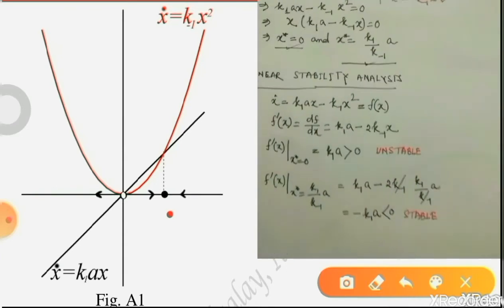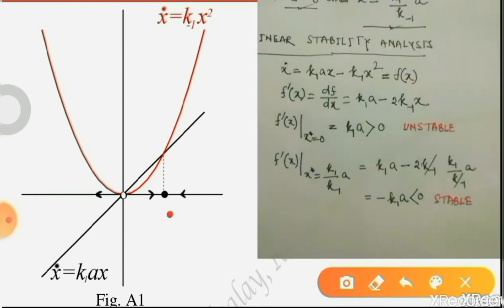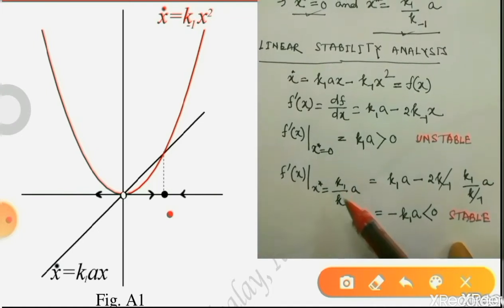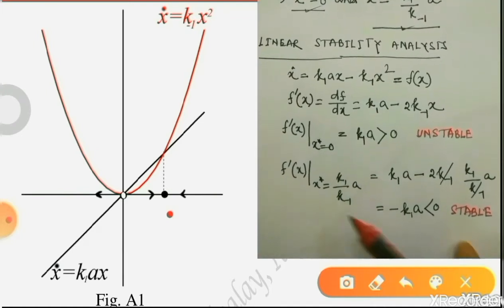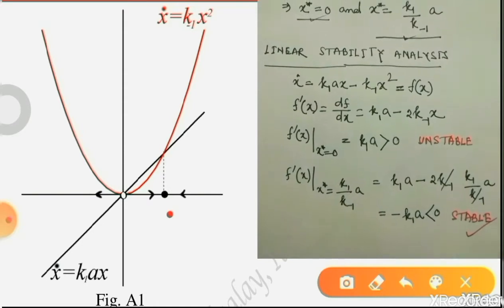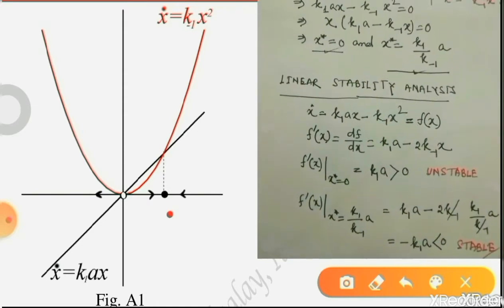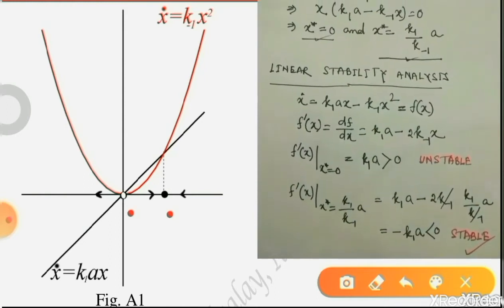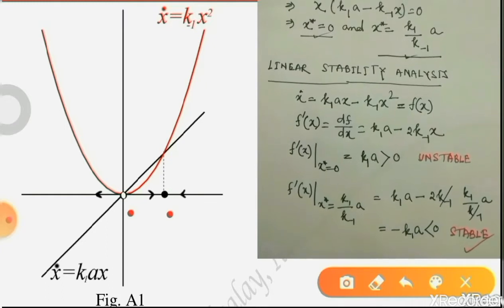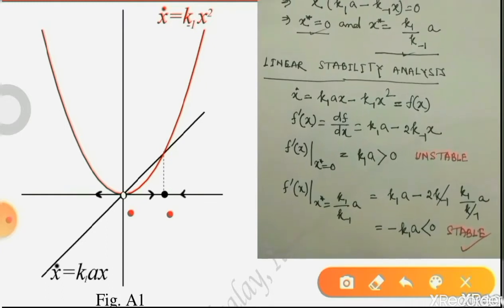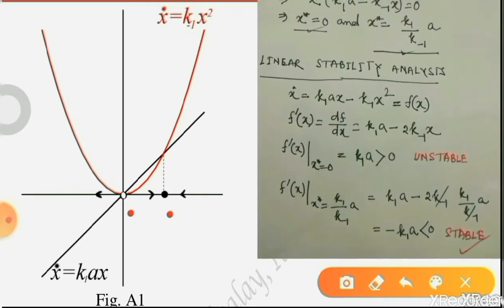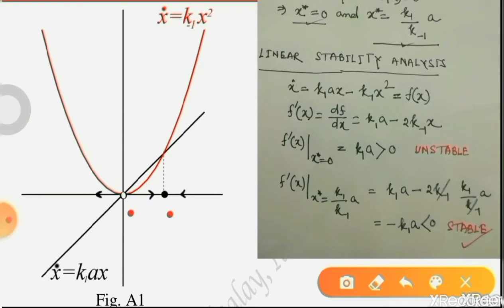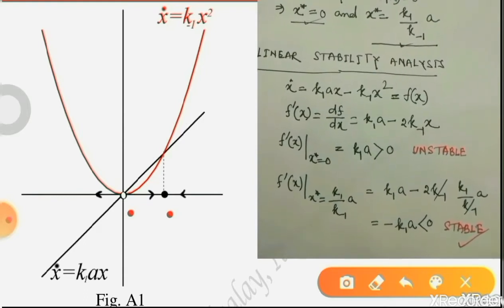And from the linear stability analysis also, we have obtained that x star equals k1a by k minus 1 is a stable fixed point. And at the origin, that is at x equals 0, the flow is directed away from this fixed point for both the left side and the right side.